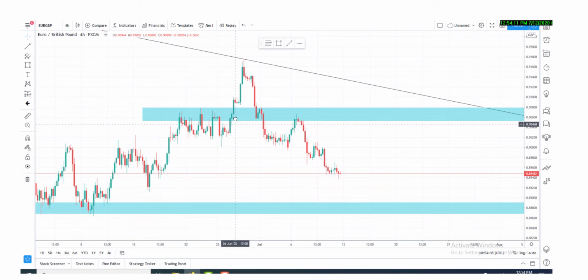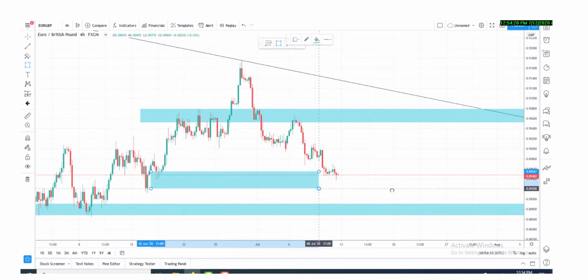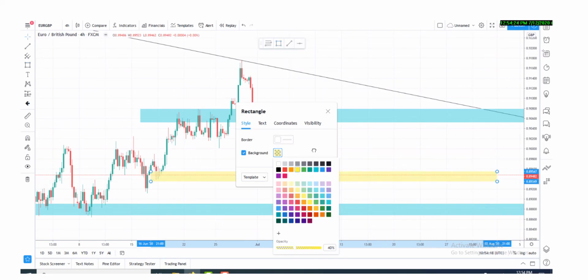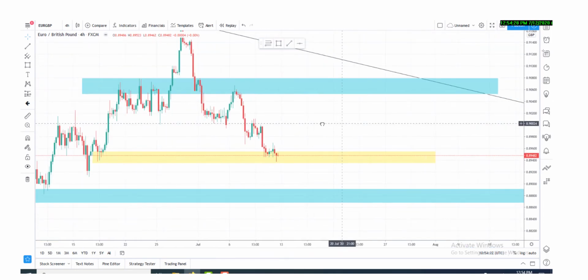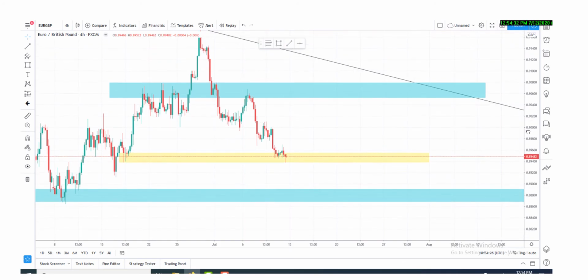So these are daily areas. You can see we have rejections here. So now let's find the 4 hour rejection zones. So this zone here, where we are right now, we have rejection. Let's make it yellow. Let's keep daily and 4 hour zones with other colors.